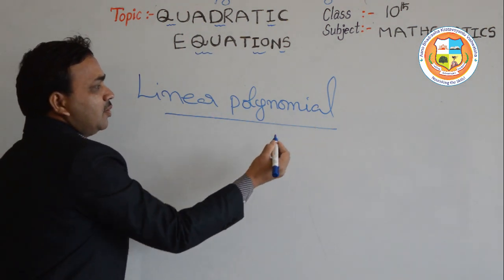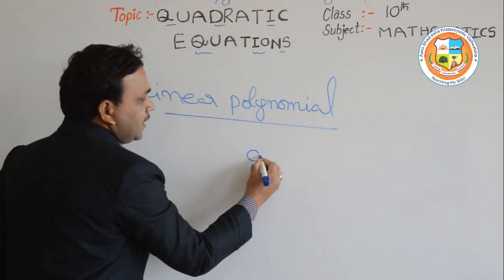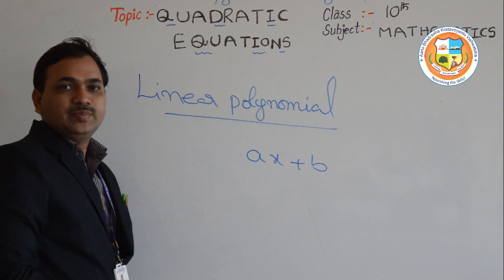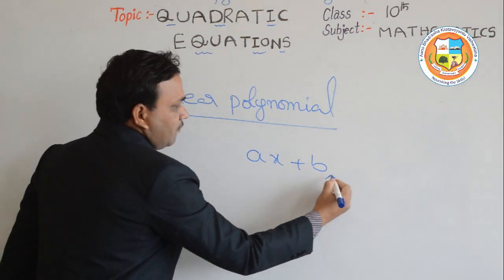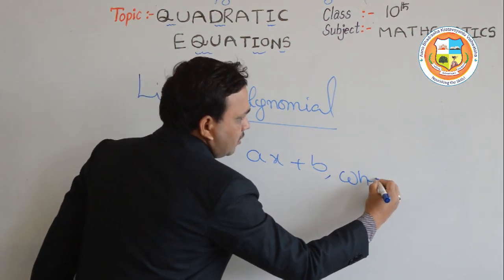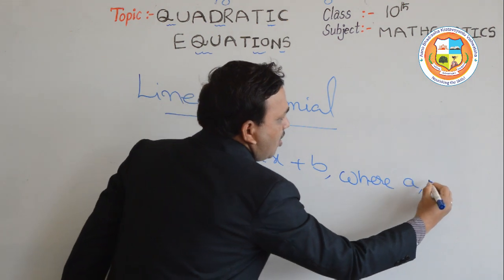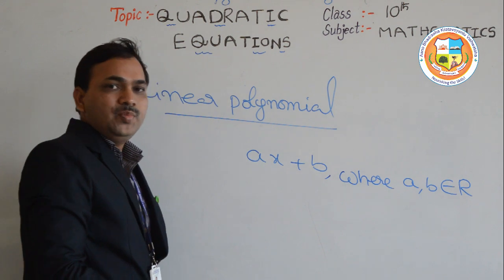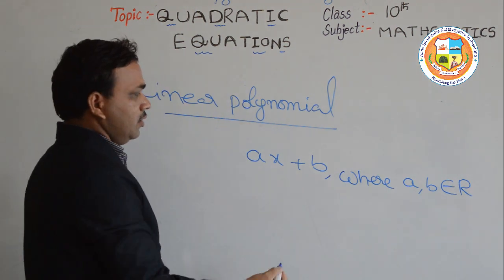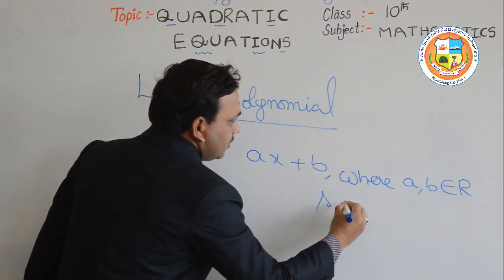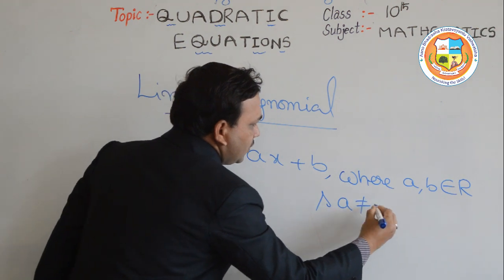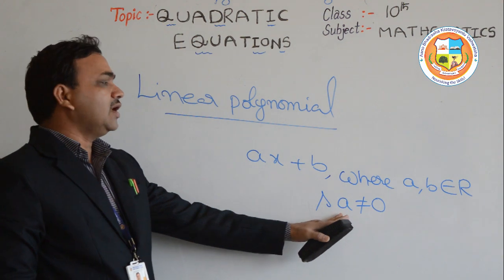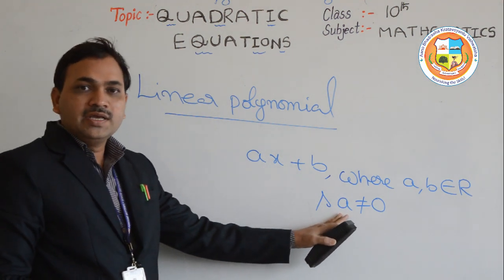The general form of the linear polynomial is ax plus b, where a, b belong to R and a is not equal to 0. This is the condition of the linear polynomial.